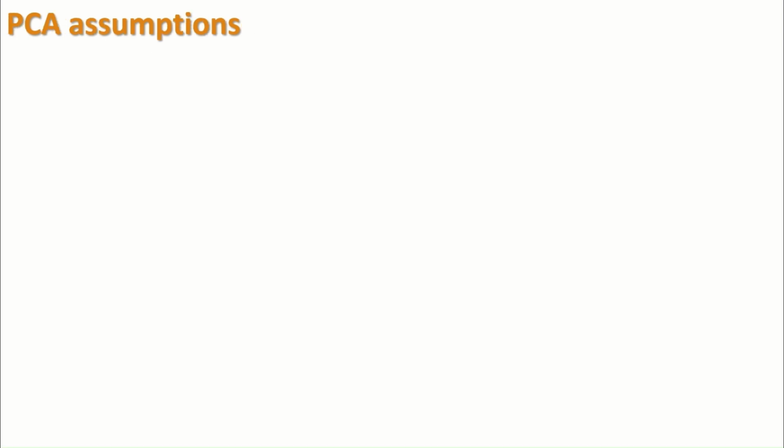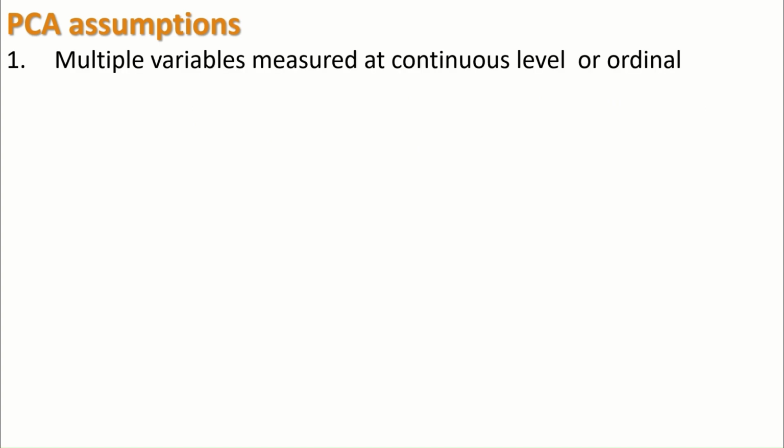So what are the assumptions that have to be fulfilled before performing PCA? The first assumption is that multiple variables are measured at a continuous or ordinal level. So the responses collected from participants completing the questionnaire can be ordinal, based on a Likert scale from 1 to 5, or 7 or 9, and so on.